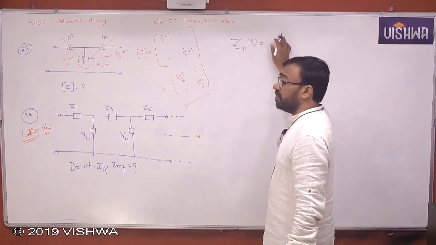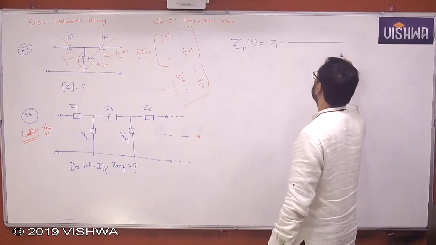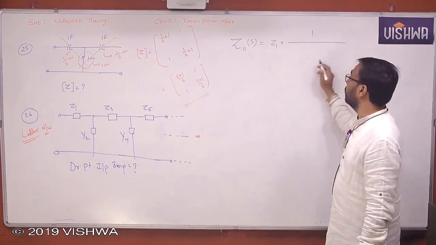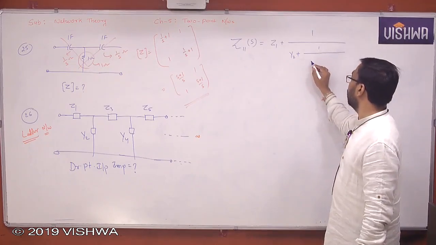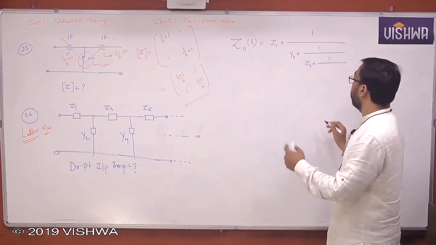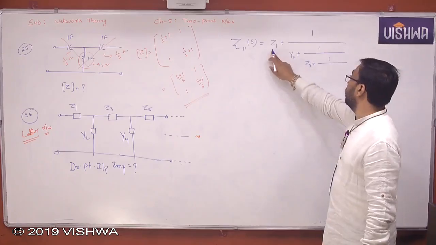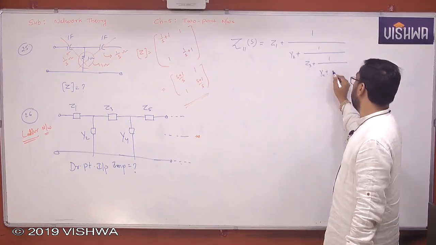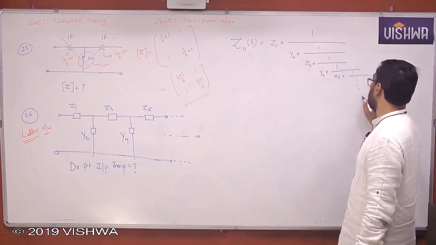Driving point input impedance Z11 of S is equal to, first you take Z1 plus 1 by, next immediately Y2 plus, but you draw a line here, 1 by, next one is Z3 plus 1 by, then Y4, plus 1 by Z5 plus 1 by and so on.